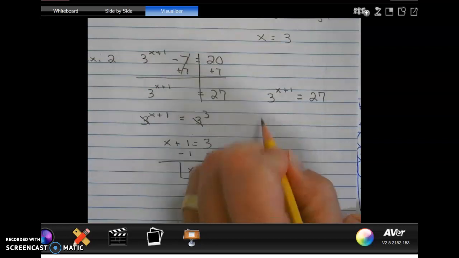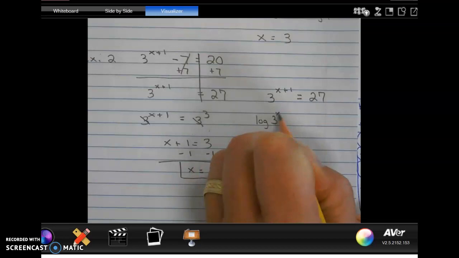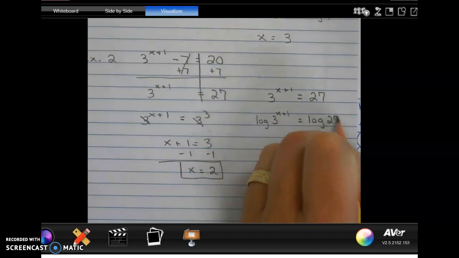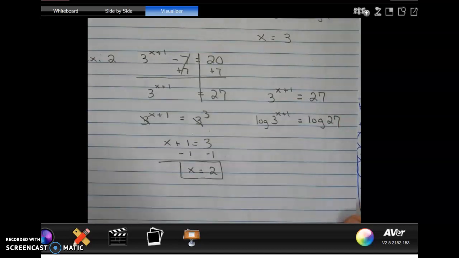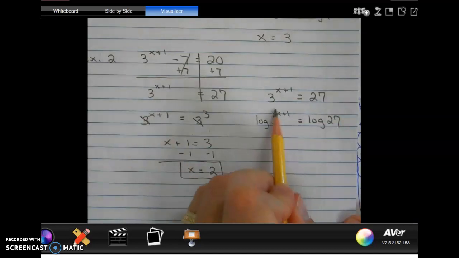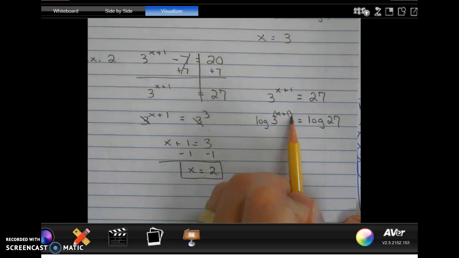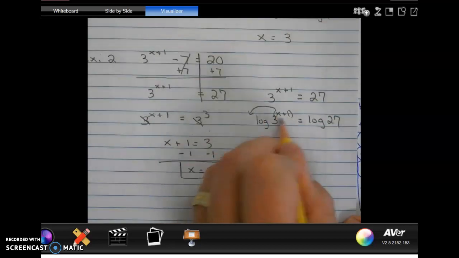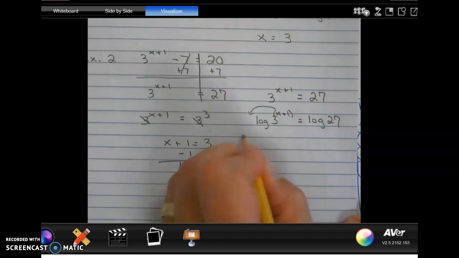So let's log both sides. Now we're going to apply the power property, move that quantity, that group, down front, and I'm going to use grouping symbols because there are two terms here.